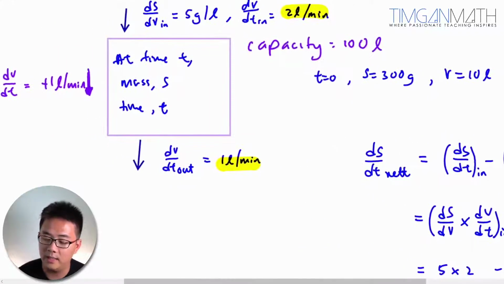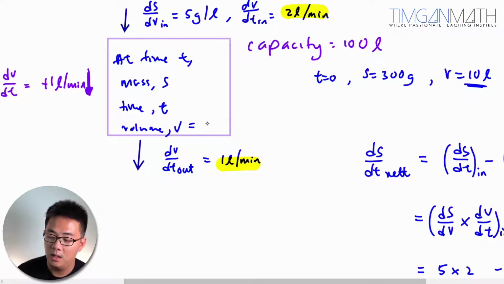Now you realize the volume is a bit tricky. Volume V is initially just 10, because initially there's 10 liters, right? Every unit time, you're adding 1 liter per minute. So at time t equals 1 minute, you expect the volume to be 10 plus 1.